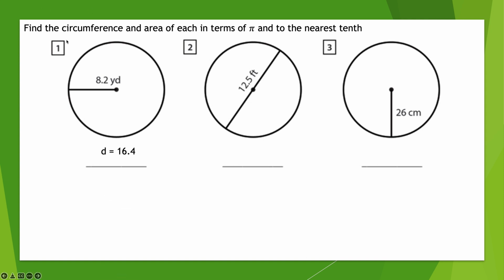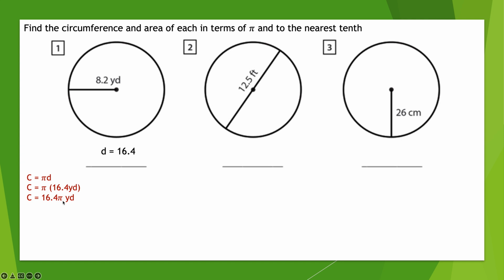In this case, notice that because the radius is 8.2, the diameter is 16.4. So we have to be able to convert back and forth between them. Now, the circumference formula calls for the diameter, which is why I needed to do that right away. So the circumference will be pi times that diameter, which is 16.4 pi.